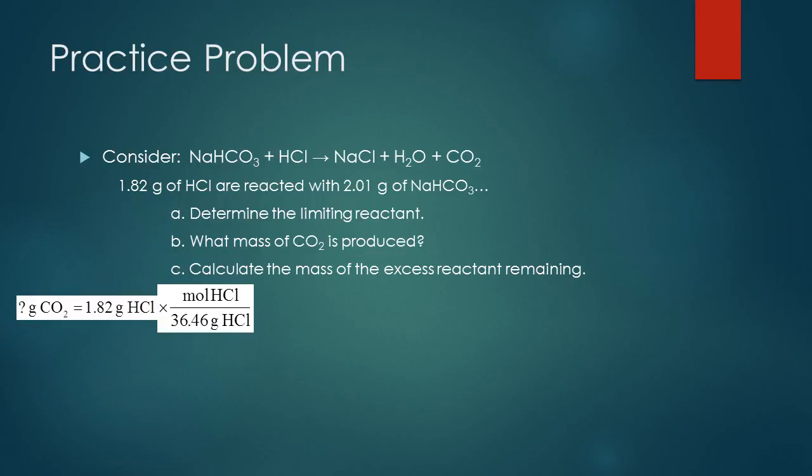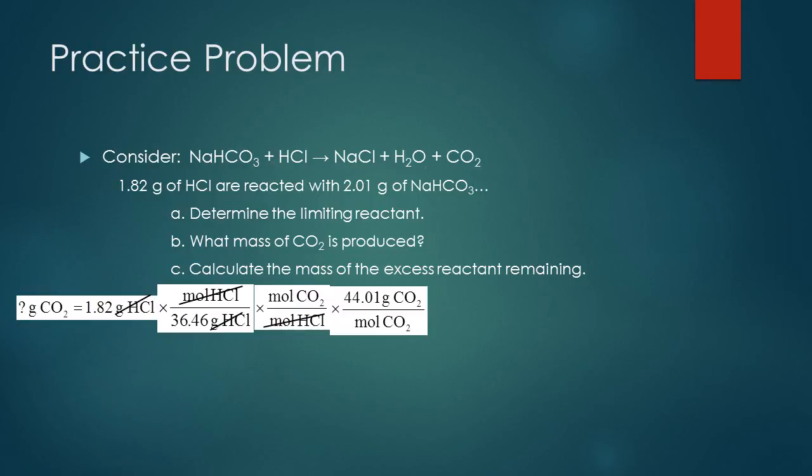So I want to use a gram-mole-mole-gram calculation, converting from our mass of HCl into a mass of CO2. I'm just clicking through each step here, using the molar mass of HCl. That gets us to moles. Notice we have a 1-to-1 mole ratio here, HCl to CO2. And then the molar mass of CO2 is 44.01 grams. So that gives us 2.20 grams of CO2.